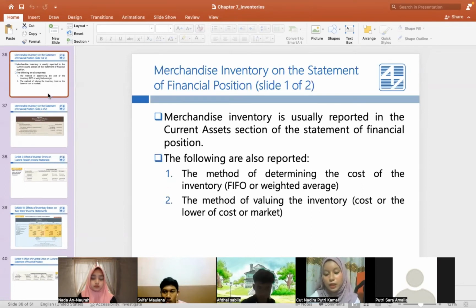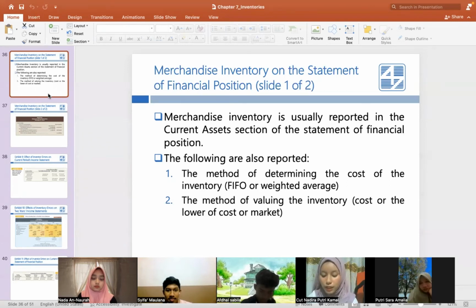Merchandise inventory on the statement of financial position. Merchandise inventory is usually reported in the current asset section of the statement of financial position. The following are also reported. Number 1, the method of determining the cost of the inventory.